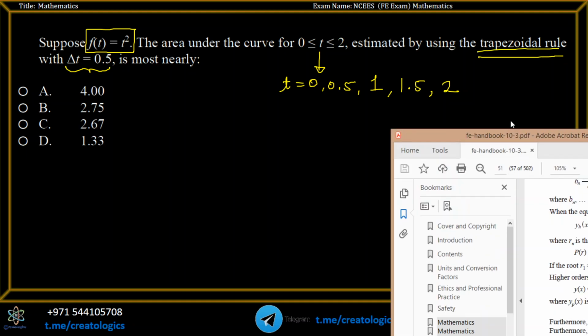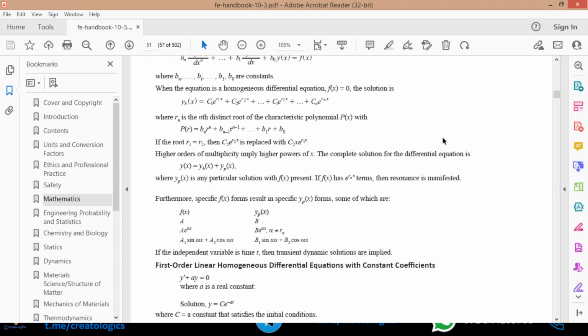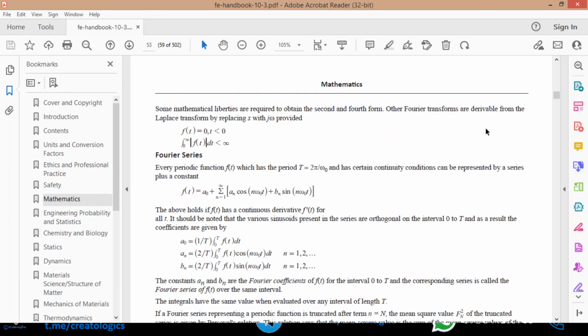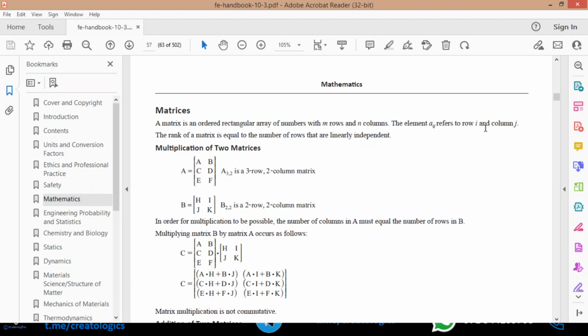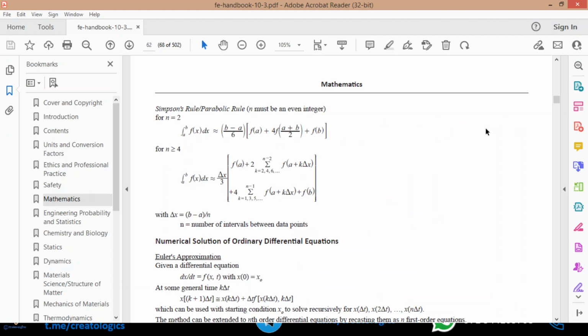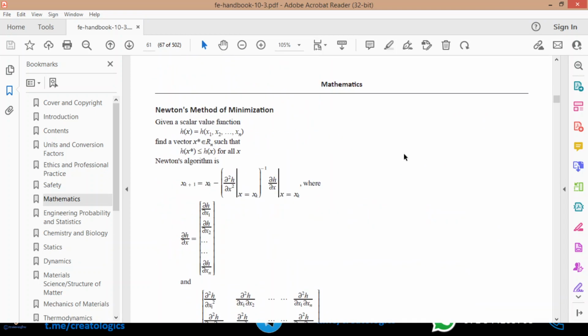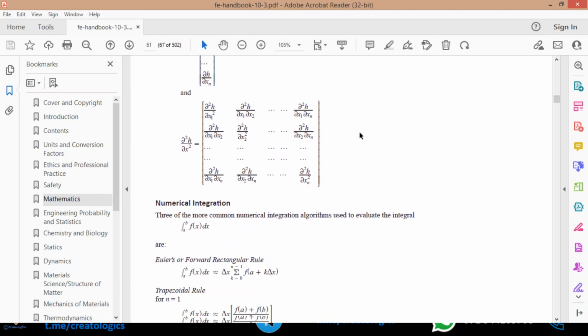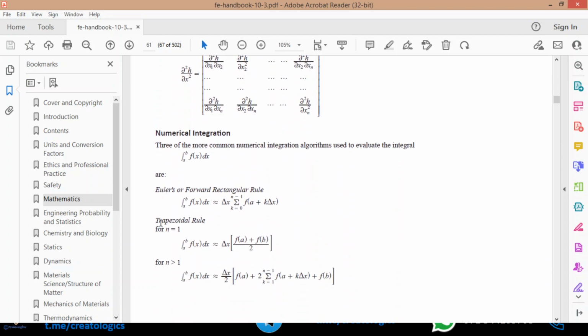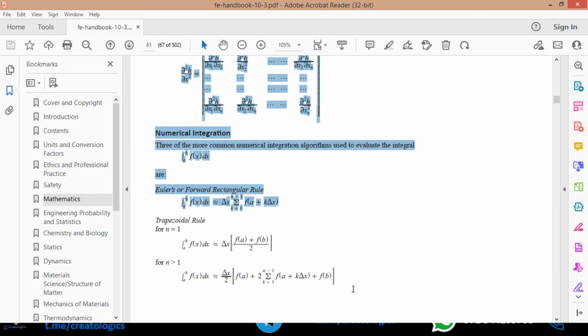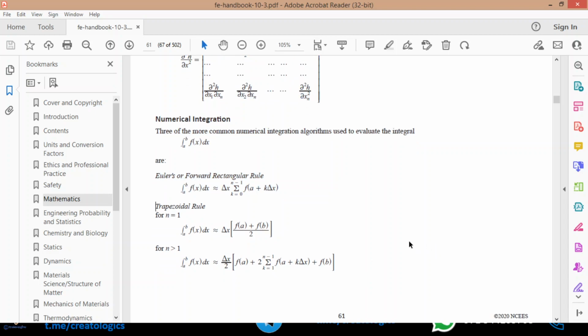Okay, so let's check the handbook. There is a direct formula provided in the handbook that you can use. And here it is. The trapezoidal rule is given below. So just use this trapezoidal rule to solve this question.